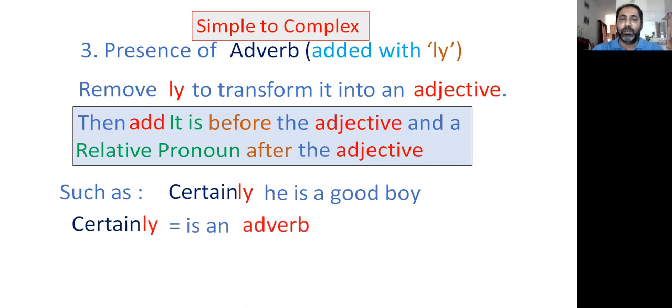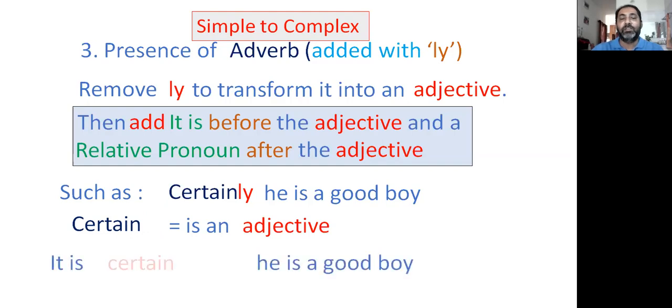If you omit ly, then it is transformed into an adjective. So it is certain that he is a good boy. The sentence was, certainly he is a good boy. Now the sentence is, it is certain that he is a good boy. As I have added that, it has turned into a complex sentence.